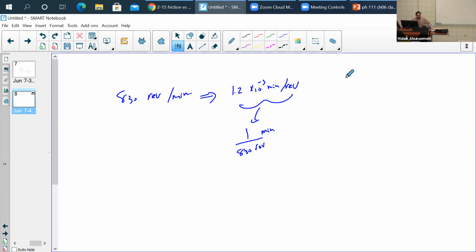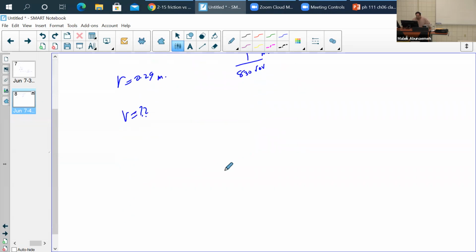And we also have the radius, which is 0.29 meters, and you're looking for your velocity. Again, we said the circular velocity is going to be 2 pi r over t.